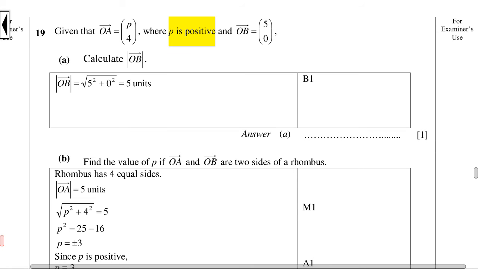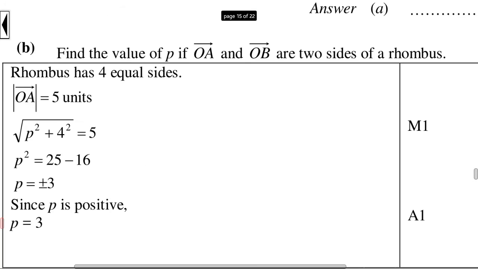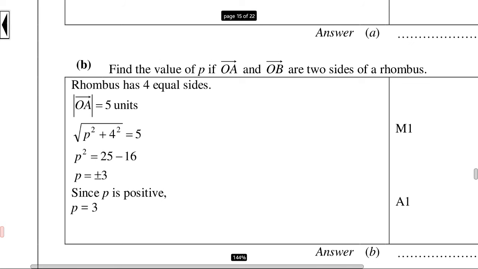How many page more to the 3? You need the length. So Pythagoras theorem: 5 square plus 0 square, 5. If you just write 5, you get 1 mark. So this is 1 mark. What? Oh, why? Because value of P, is it positive?